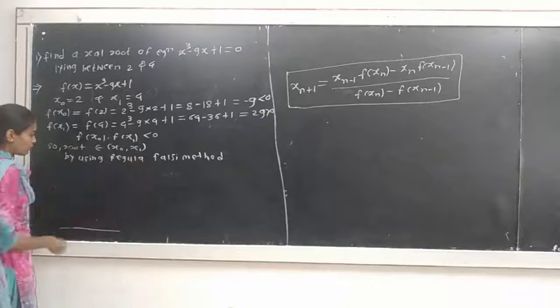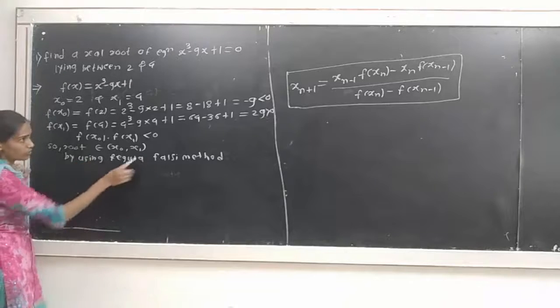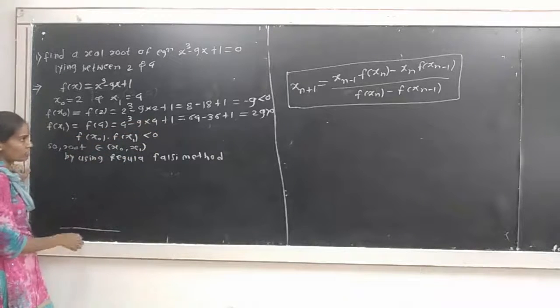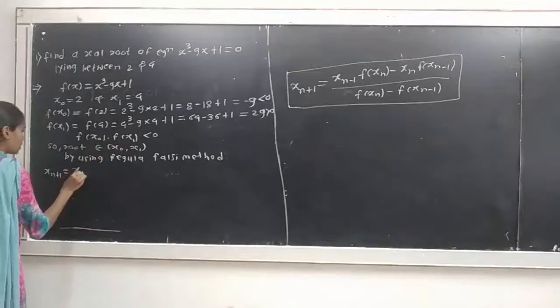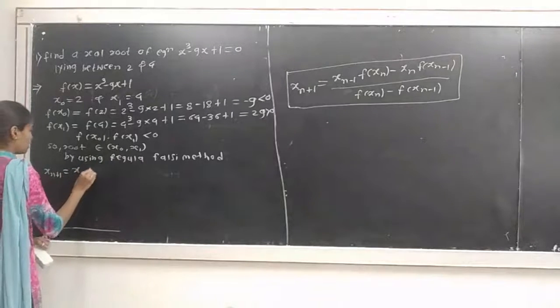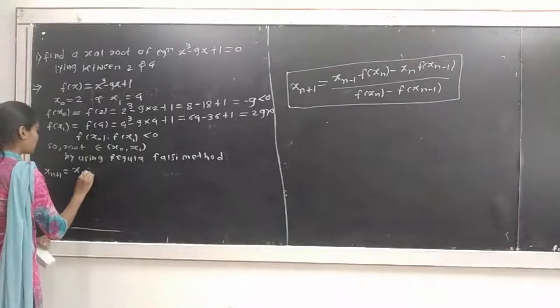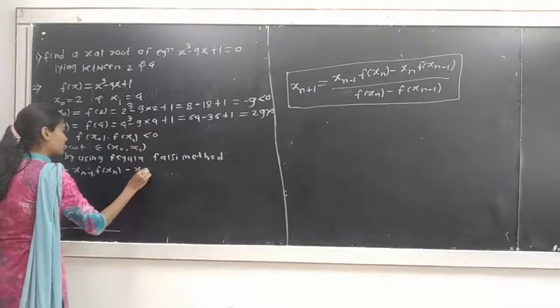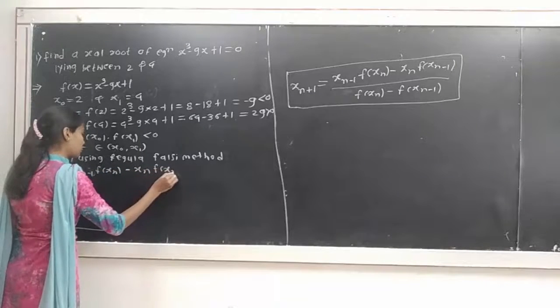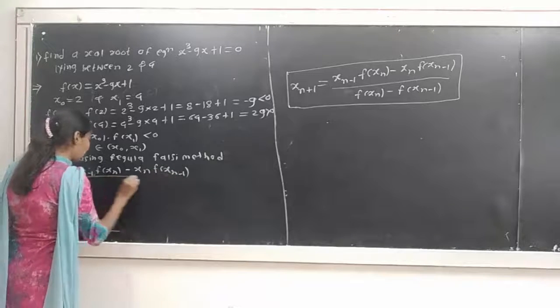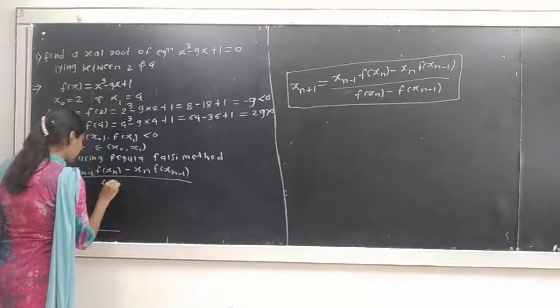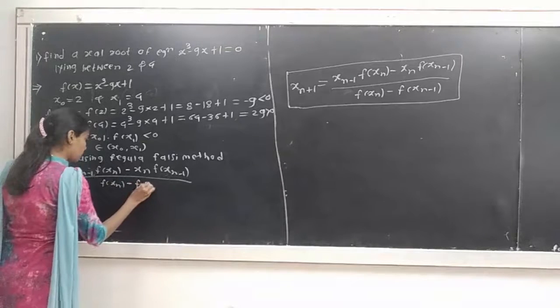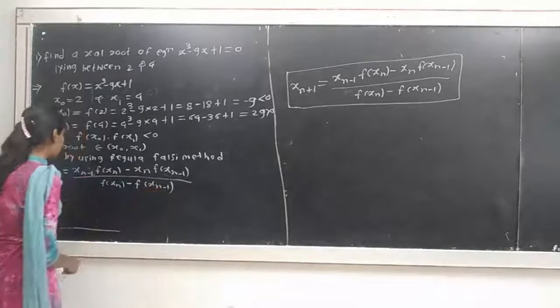also we can say that method as the false position method. By using the regula falsi method, we know the formula. This formula we write as xn plus 1 equal to xn minus 1 into f of xn minus xn into f of xn minus 1 divided by f of xn minus f of xn minus 1.